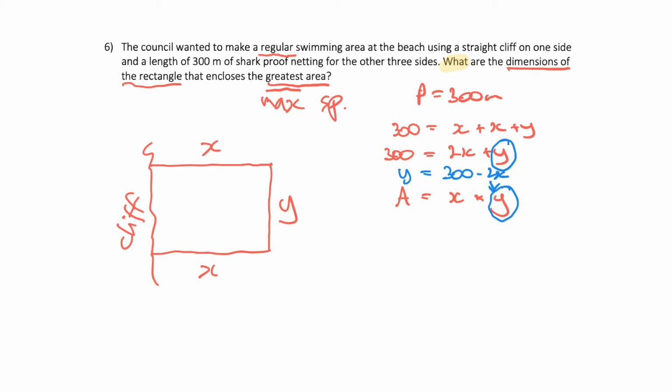So when I go and rewrite my area expression, I'm no longer going to write it as y, I'm going to write it as x times 300 minus 2x. Okay, so we can expand this and get ourselves 300x minus 2x squared for our expression for our area.